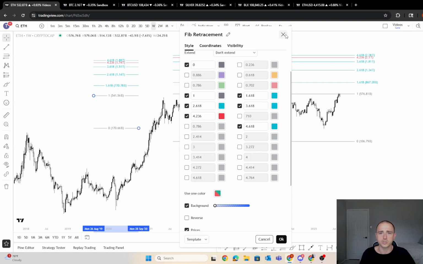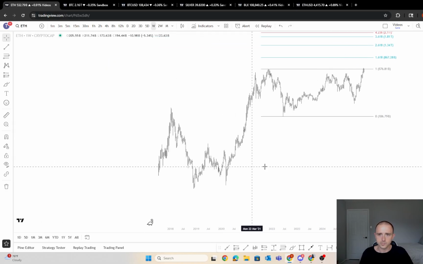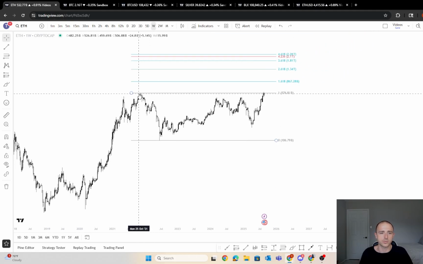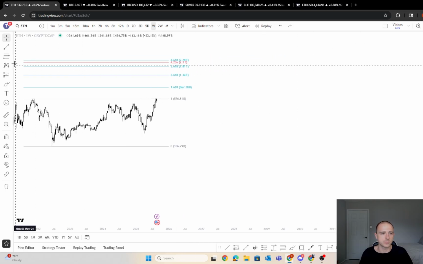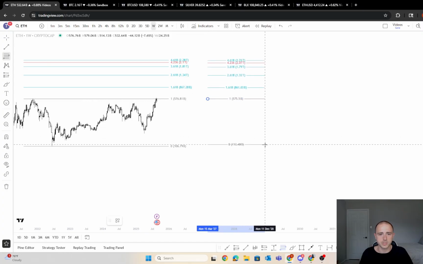And then once you do have the settings, how do you actually draw this? For extensions specifically, you're always going to draw from the bull market peak to the bear market bottom. I'll show you out here what it would look like. We're just going to go from the peak to the bottom, and then this will extend out accordingly.